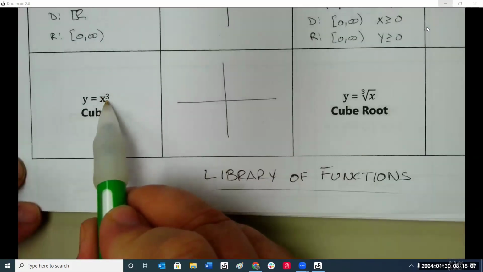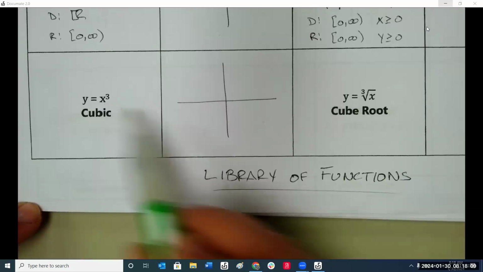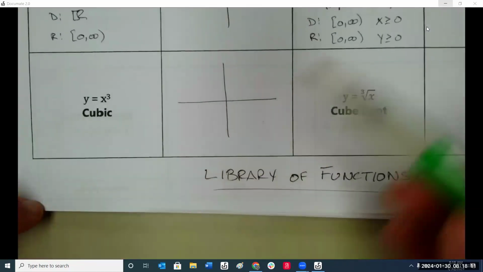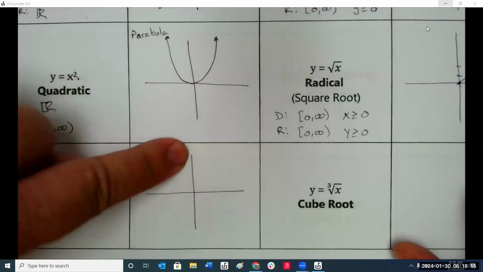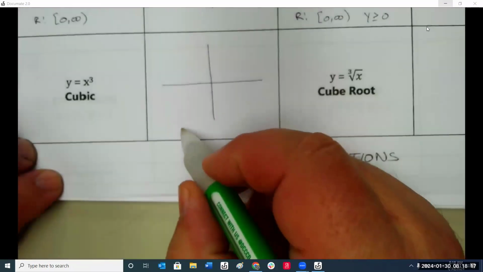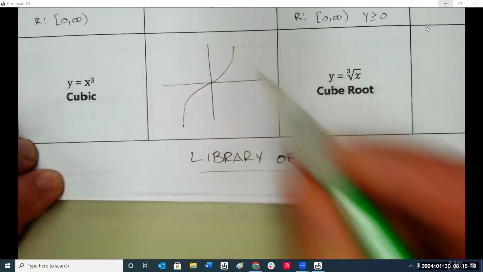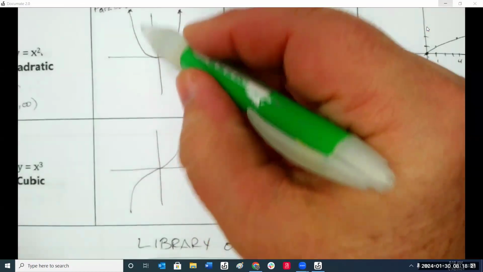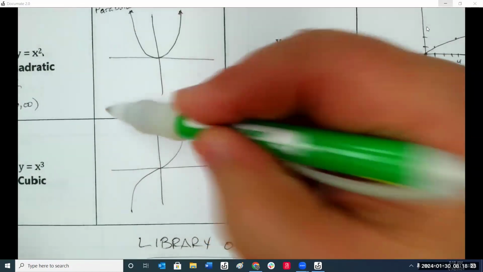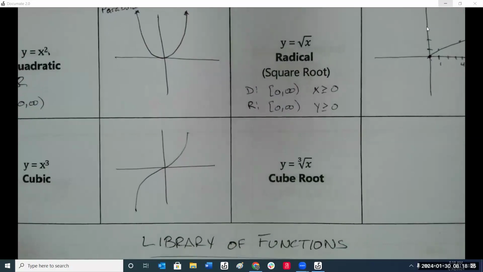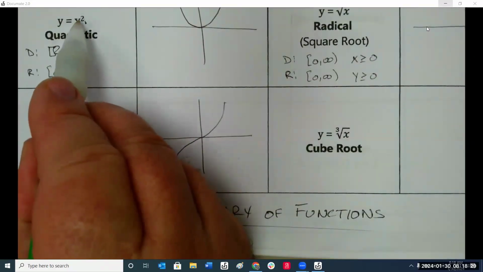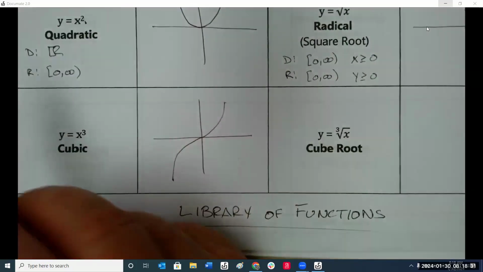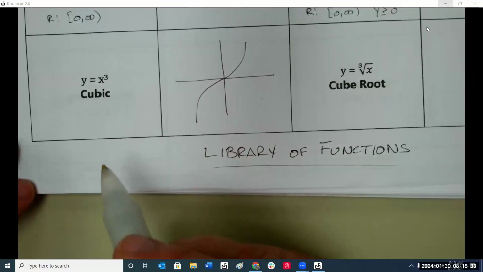If the degree, the highest exponent, is odd, that means it can be positive or negative. So this half, if x is negative, the answer is negative, so it looks like this. Basically, the negative half flips over. So in even degrees, you only have positive answers. Odd can be positive or negative or 0.